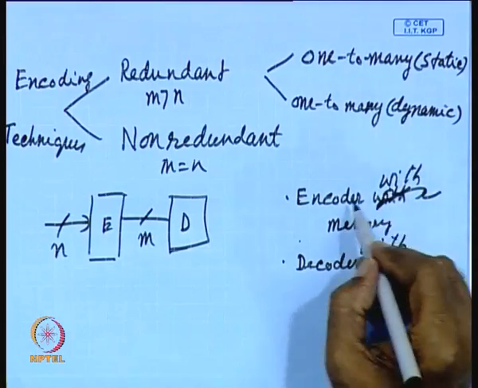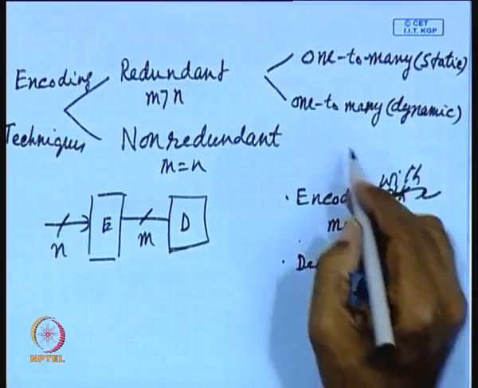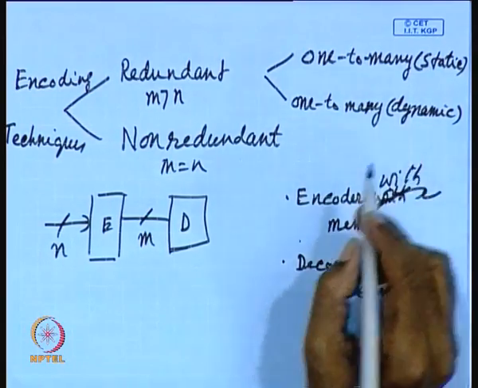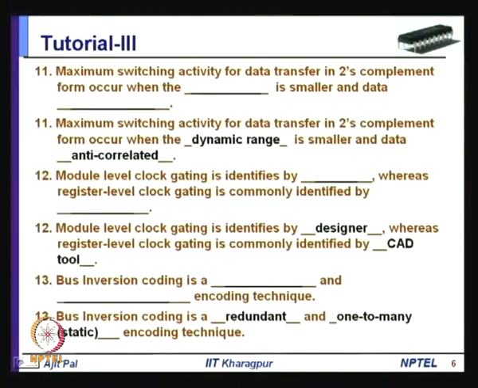As you know, I discussed T0 encoding. In T0 encoding, you may recall that memory is required in implementing the encoder as well as the decoder. So, it is a one to many dynamic technique. But so far as Bus inversion encoding is concerned, it is a redundant and one to many static encoding technique.